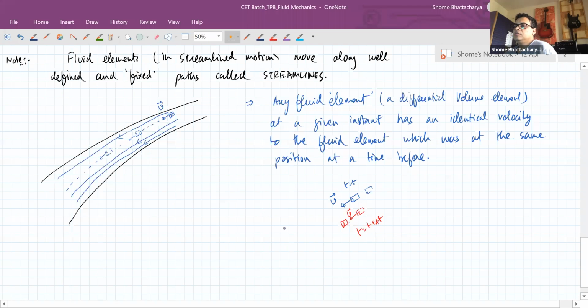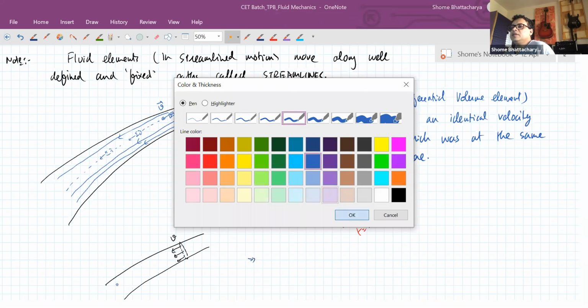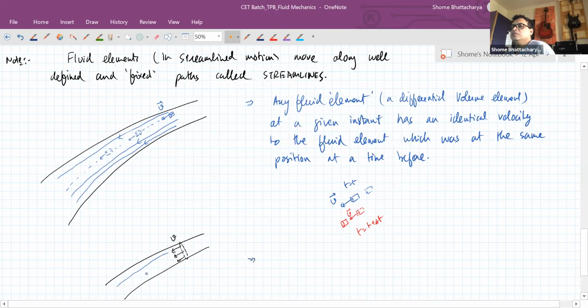So this basically also means that in steady flow, at a particular cross section of the flowing liquid, all fluid elements going through that cross section have a fixed amount of velocity. By fixed amount of velocity, we mean that at any moment of time, all the fluid elements passing through that particular cross section will always pass with that fixed value of velocity.